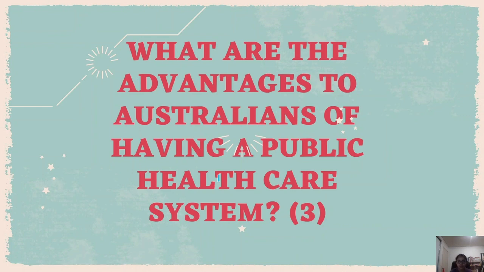I hope we all remember that. We're looking specifically at advantages. And when it comes to public healthcare system, remember we want to include examples like Medicare, for example, and PBS. They're really important.